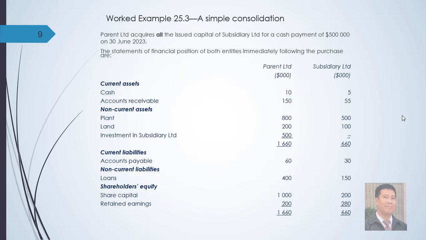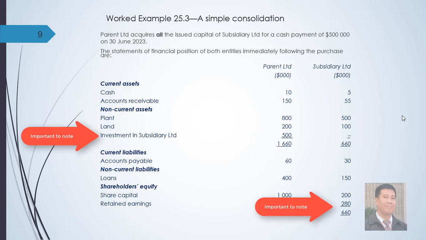This is a sample of a consolidation. Let's assume that Parent Limited acquires all the issued capital of Subsidiary Limited for a cash payment of $500,000. So the statements go like this. These are separate statements from the subsidiary and from the parent.